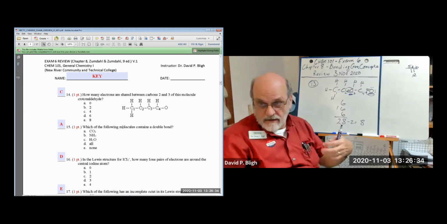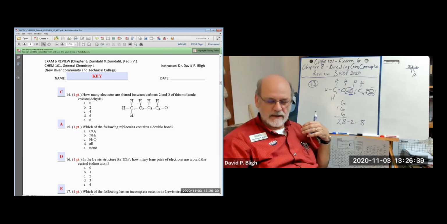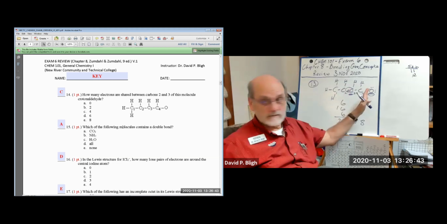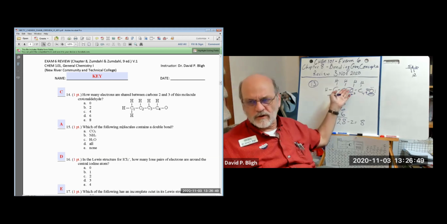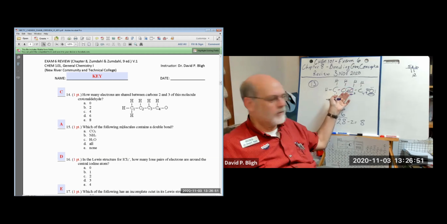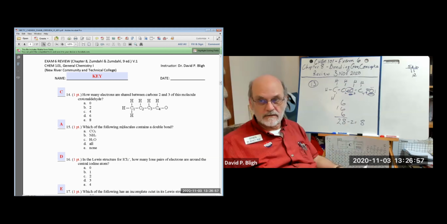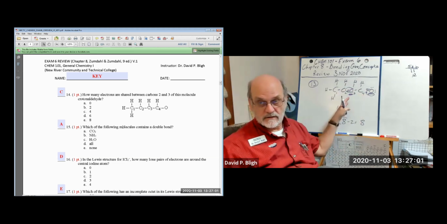And then the verification for that is the formal charge. If we did it the other way over here, well, it wouldn't work because we wouldn't be able to form an octet for either one of those. And the formal charge would tell you that. So the formal charge would be way away from 0 for all of these.